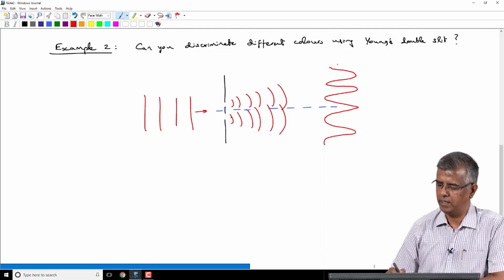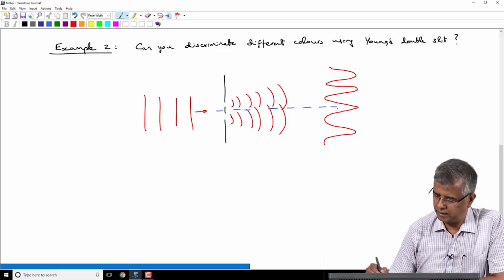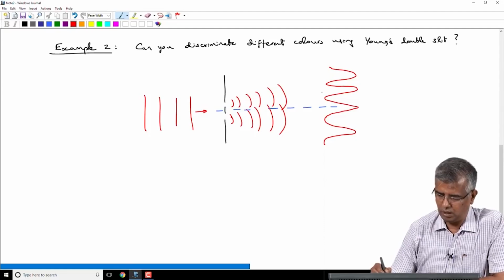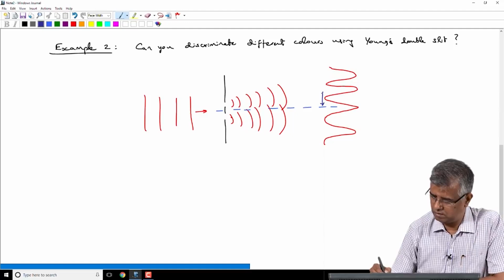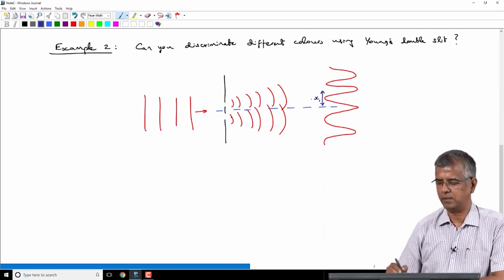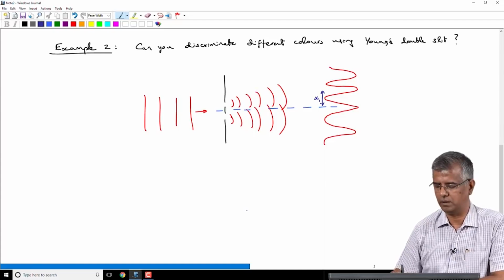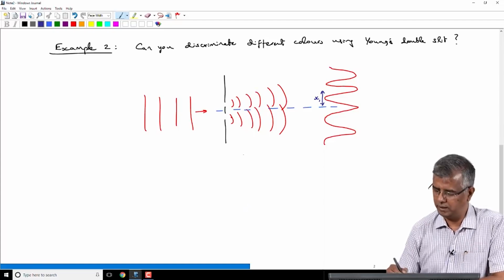And so on, right. So, what we are interested in is where does this first maxima happen? Let us say we denote that as x1.